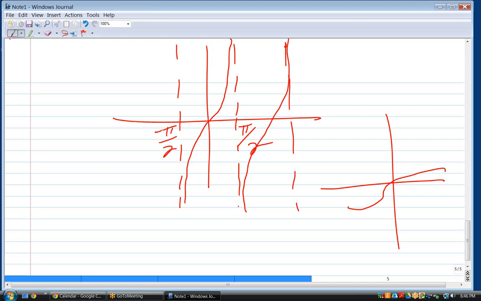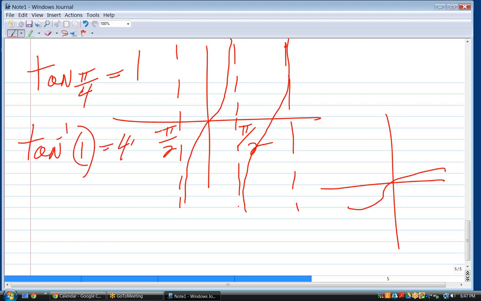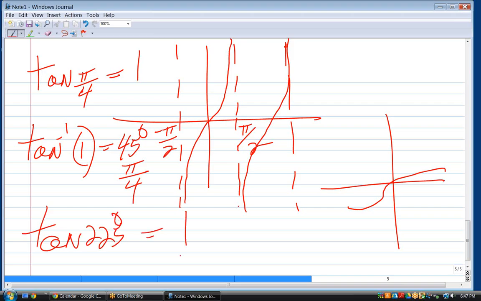And likewise to the sine function, if you go into your calculator and you type inverse, we know that the tan of pi over 4, 45 degrees, is equal to 1. So if you go in and you type inverse tan of 1, you're going to get 45 degrees, or pi over 4, depending on whether you're in radians or degrees. Okay? You're not going to get 225 degrees, even though the tan of 225 degrees is equal to plus 1.